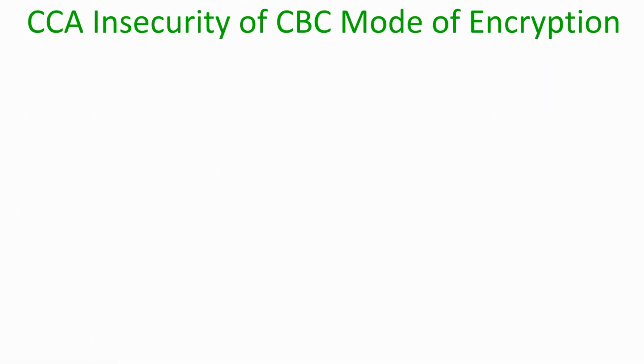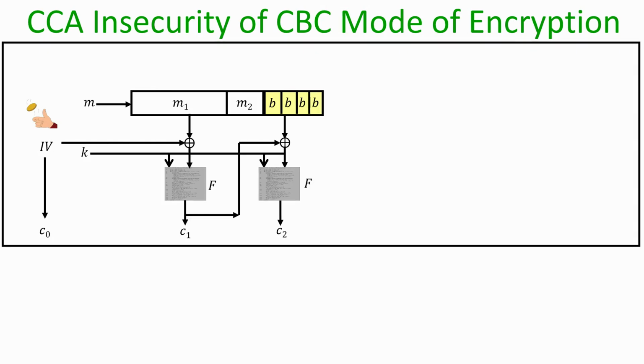So, now we are going to discuss that this CBC mode of encryption is not CCA secure, and for demonstration purposes I am considering an instance where the sender has a message where the first block is of size n bits and the second block is not of size n bits, and as a result the sender has done a padding, and it now has a padded message consisting of 2 blocks, and it encrypts the padded message as per the CBC mode of encryption.